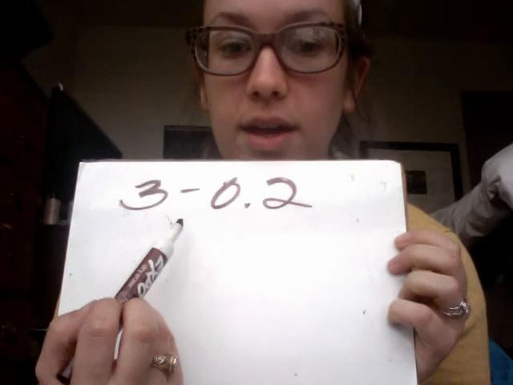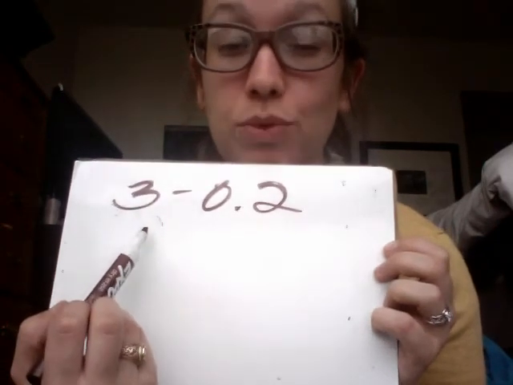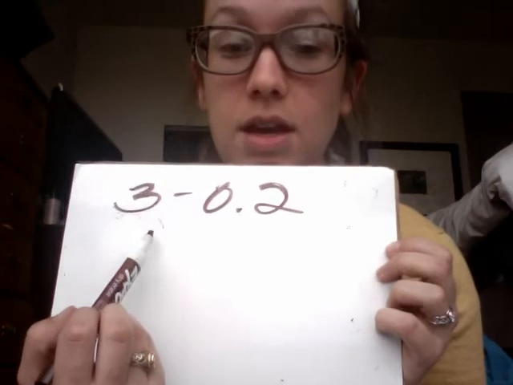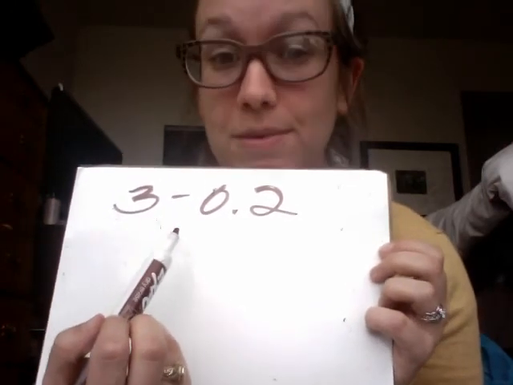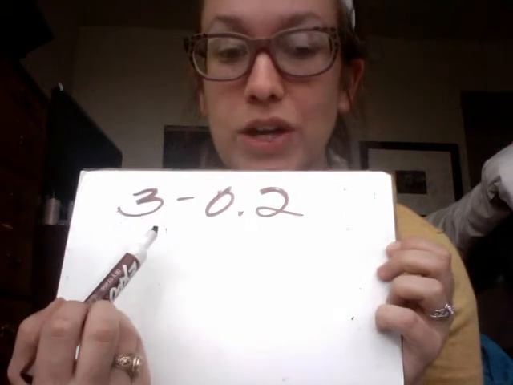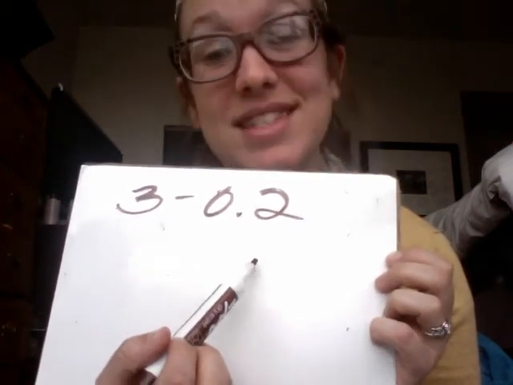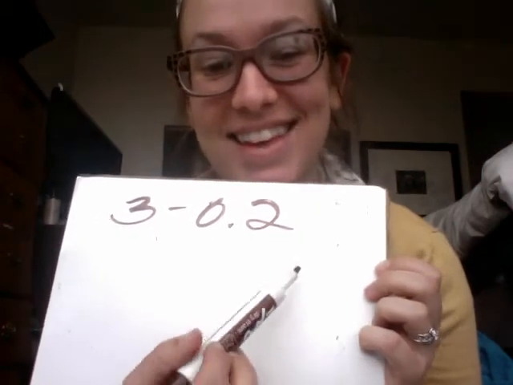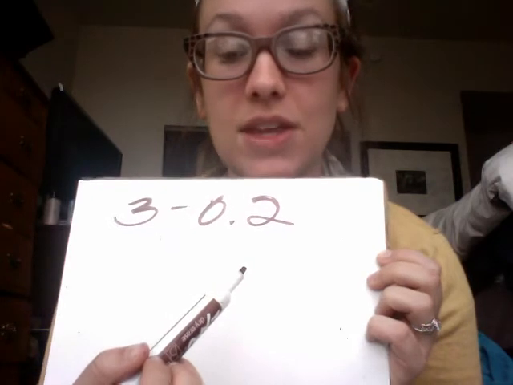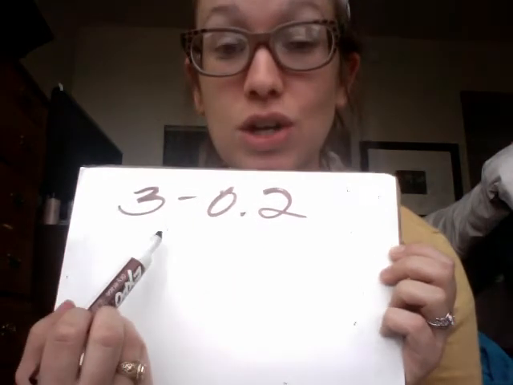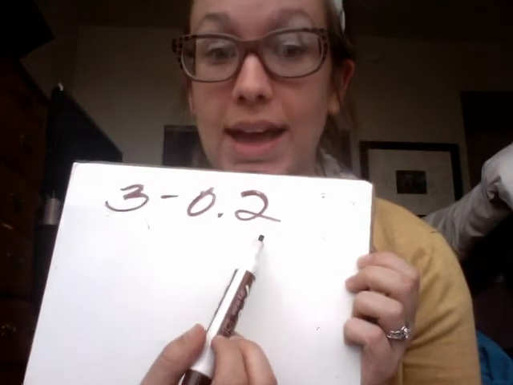We know that if we traded in all of our ones and renamed them to tenths, it would be how many tenths? 30, right? Because if we trade in 1 to make tenths, we have 10 tenths. So we trade in 3, we'll have 30 tenths. Then you can think about this problem as 30 minus 2, which is 28.